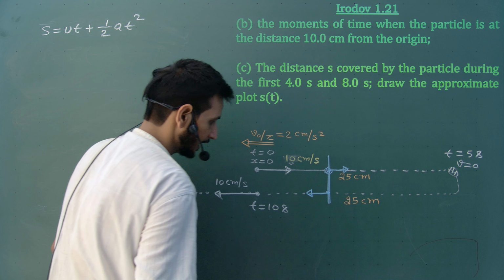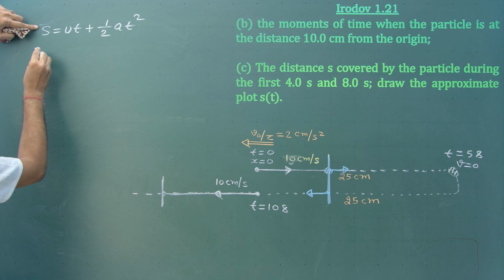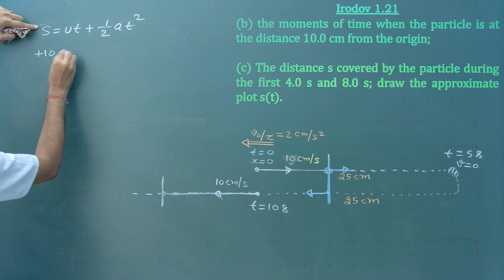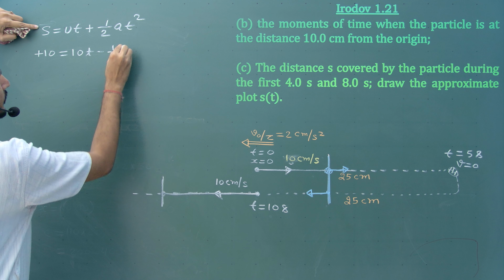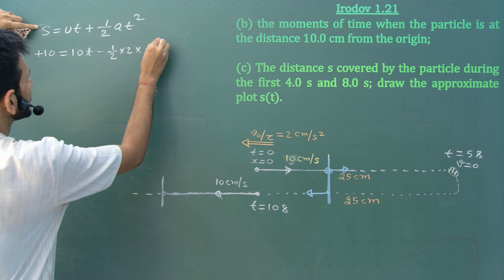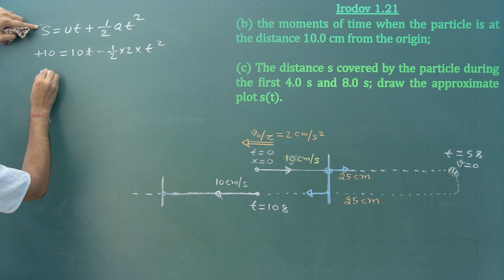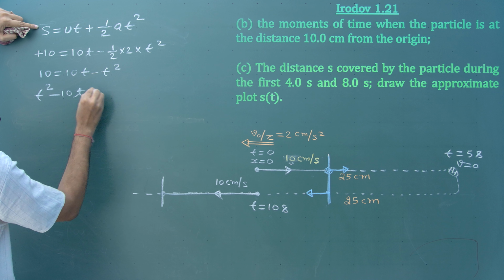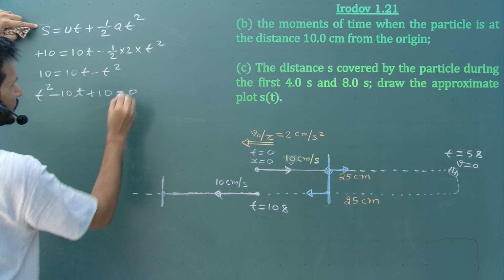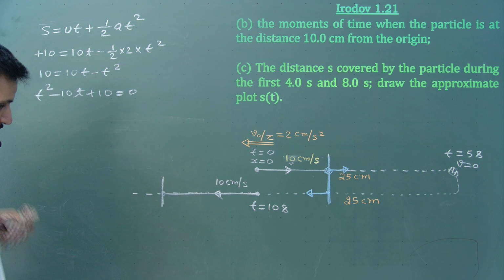Okay, now first for this position, s is plus 10, u is 10, so 10 equal to 10t minus 1 by 2 into 2 into t square. So t square minus 10t plus 10 equal to 0. Now this is a quadratic equation.